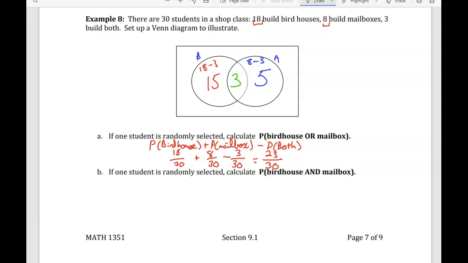And if you add these three numbers up, 15 plus 5 is 20, plus 3 would give me 23 out of 30. And then the probability that we build a birdhouse and a mailbox, well, that's just the intersection. So that would just be 3 out of 30. Or, if you simplify that, that's 1 out of 10. So you do have to be careful when you're talking about non-mutually exclusive types of events.